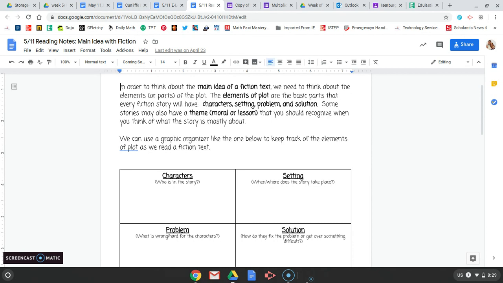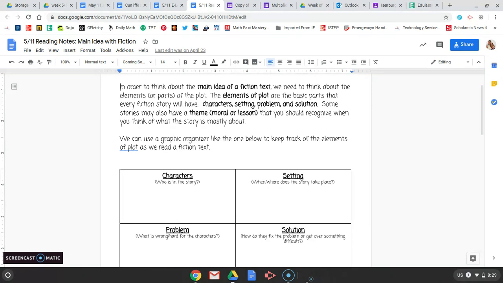So some important words that you need to know are elements of plot. So remember that word elements just means parts. It's a fancy word for parts. And plot is just the basic sequence of a story. So elements of plot are just the basic parts of a story, and those are character, setting, problem, solution.